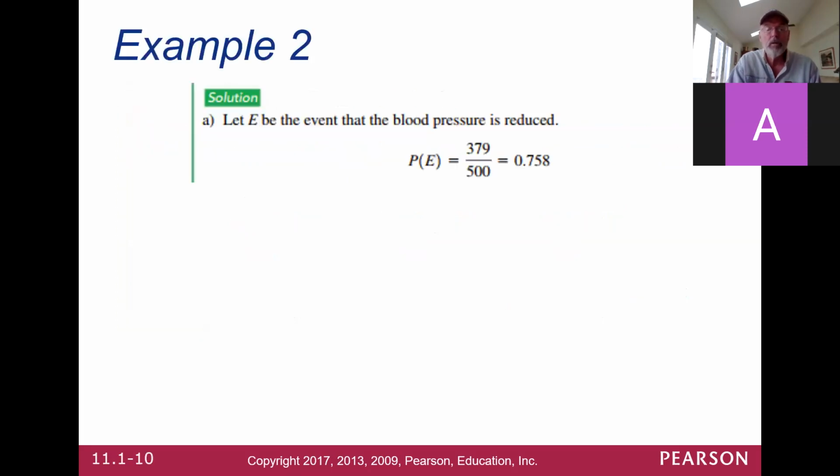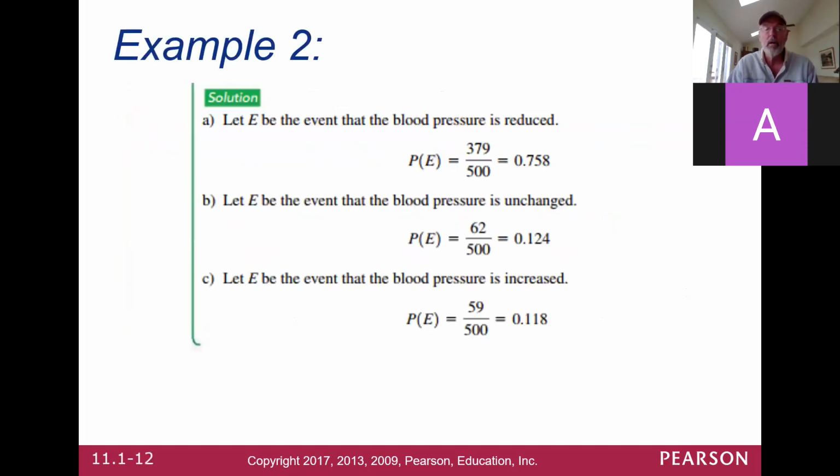Now, if we went to these numbers and got these three solutions, and we sum up these three different probabilities, what is that going to add up to?